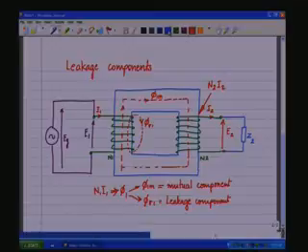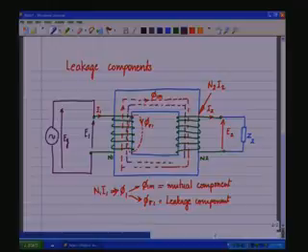So, we have an opposing flux which is flowing in the core material as shown like this. It is flowing in the opposite direction.